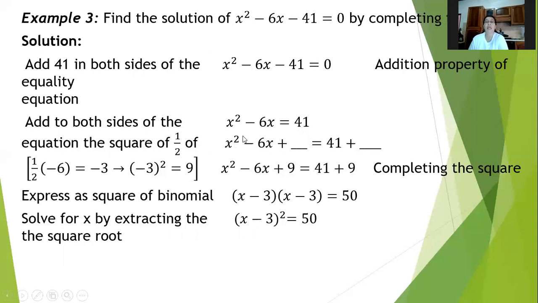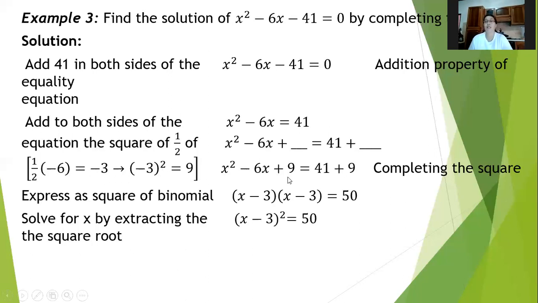Copy x squared minus 6x plus blank is equal to 41 plus blank. Get the numerical coefficient of the linear term, which is negative 6, divided by 2. Carry the sign. Negative 6 divided by 2 is negative 3. Negative 3 squared is 9. Again, plus 9.